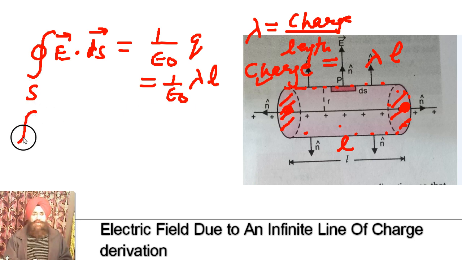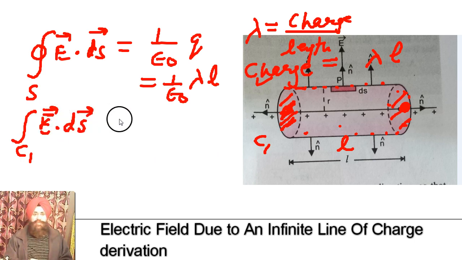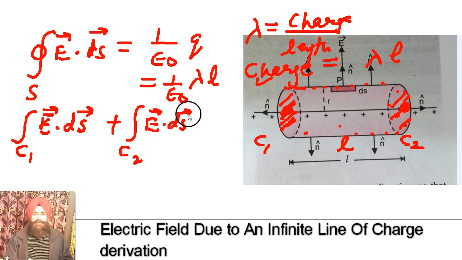Now dividing this surface into three parts. One is this cap, let me call it C1, integral over C1 of E dot ds, plus this cap, let me call it C2, integral over C2 of E dot ds, plus the third part, which is the curved surface of the cylinder, E dot ds.